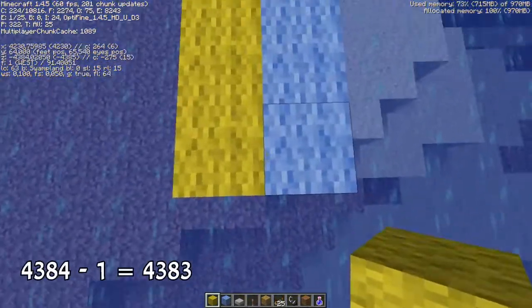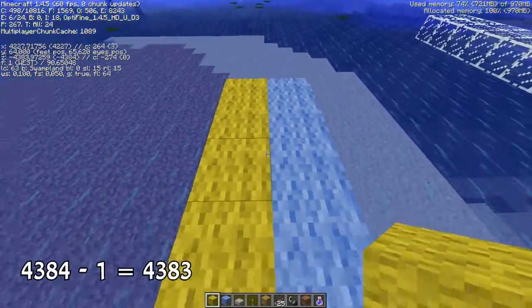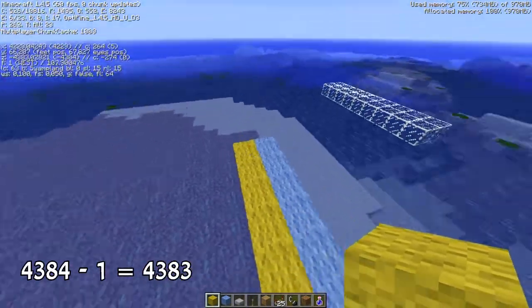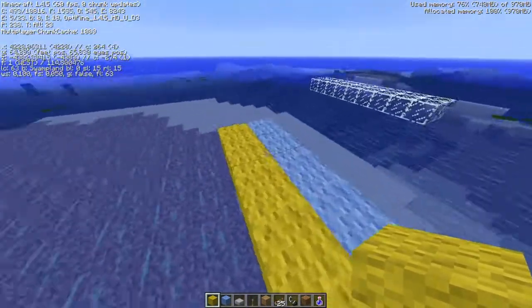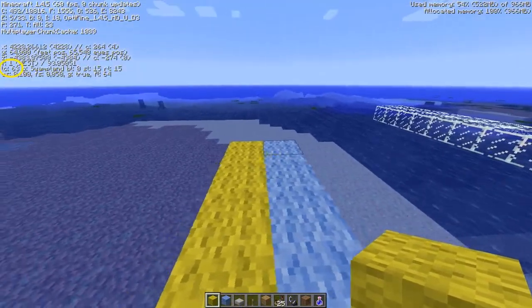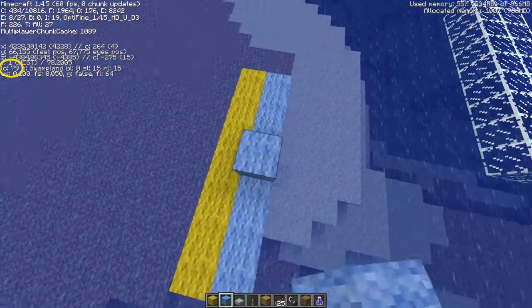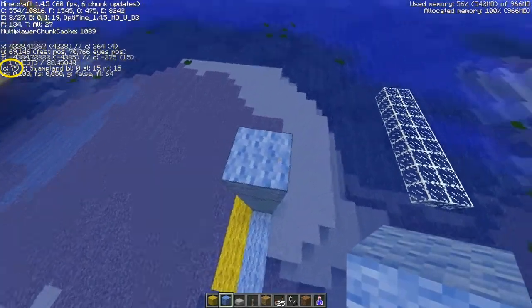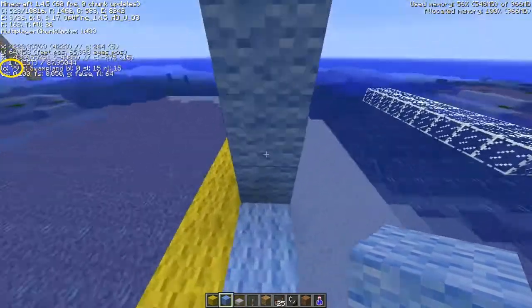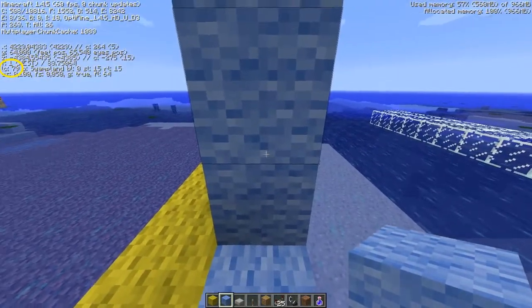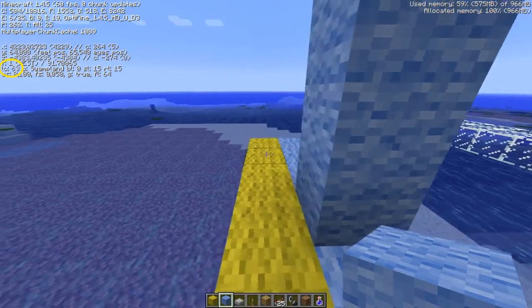So this line right here is supposed to be our chunk border. You can't tell right now, since the LC value is the same. To check on it, I can easily go up. Alrighty, on this side it's now 79. Let's see if we cross this line, if it decreases again, and that is the case.